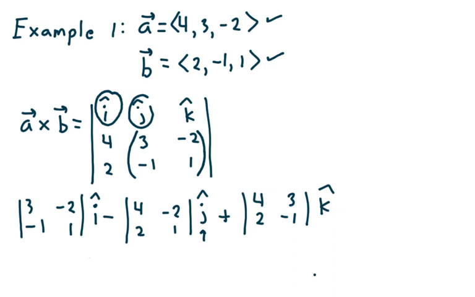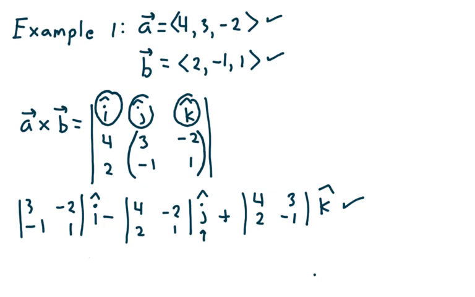And then I'm going to add k times the determinant of the submatrix found by eliminating the row and the column that contains the k, which in this case is the determinant of 4, 3, 2, negative 1. And this is a vector, you guys.